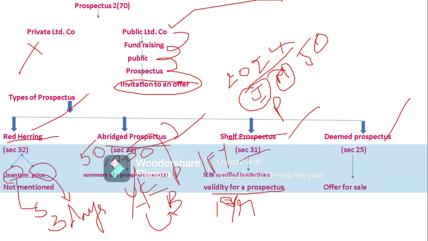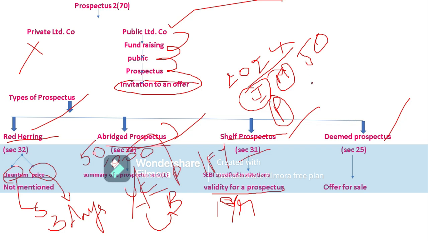So when a company is having a shelf prospectus for 1 year, even though it is raising funds through public issue multiple times, it is not required to submit the prospectus. At first only it has to submit, then the shelf prospectus will be issued by SEBI.